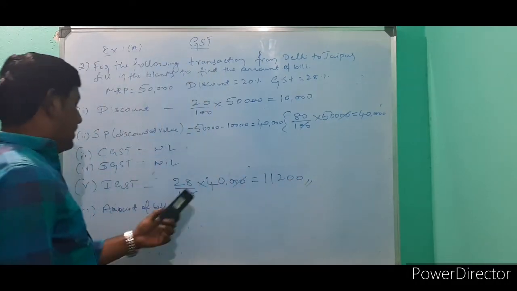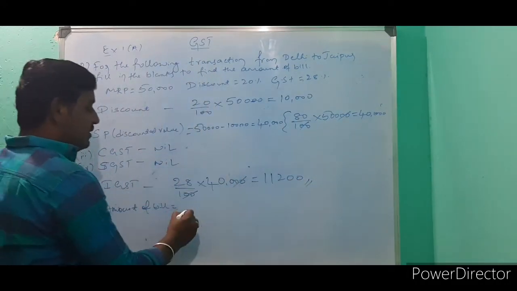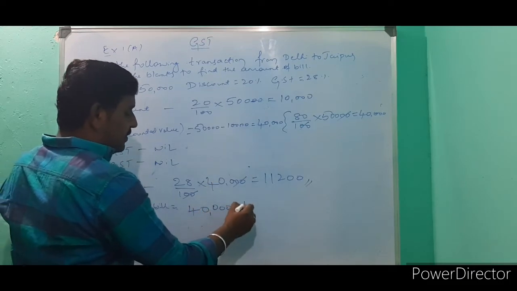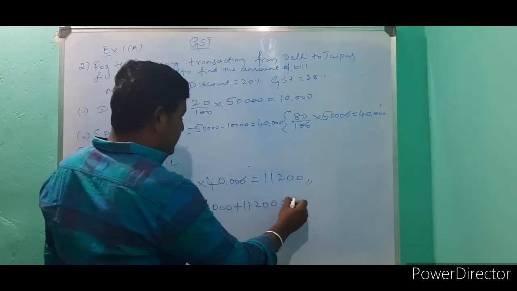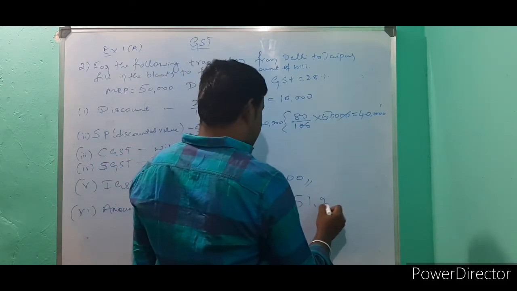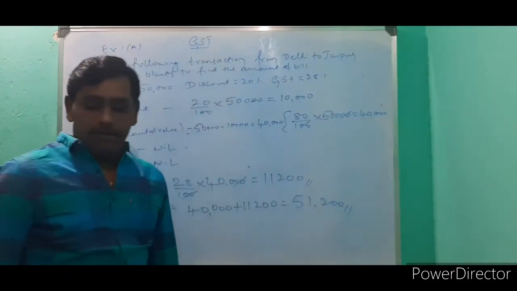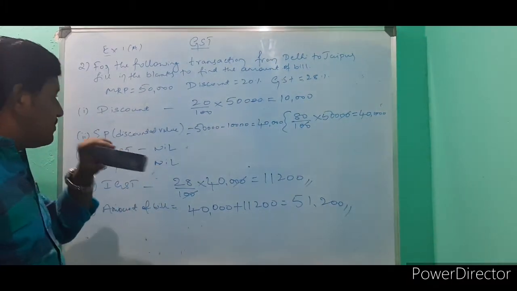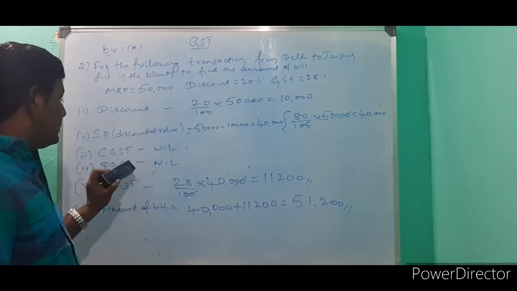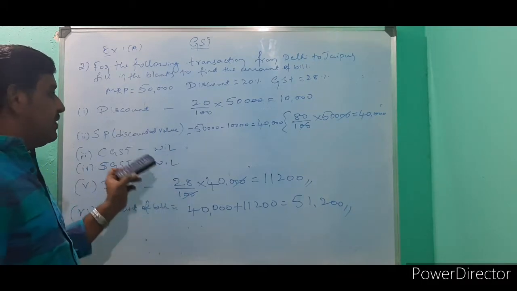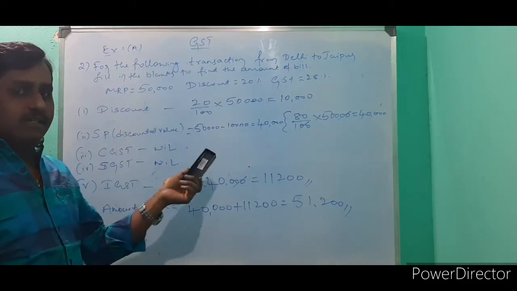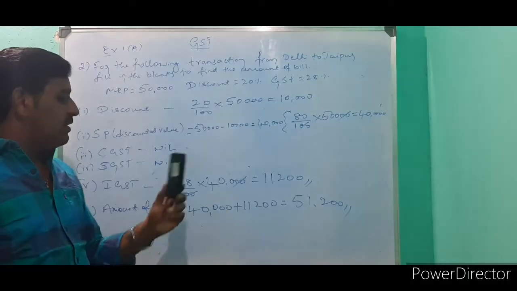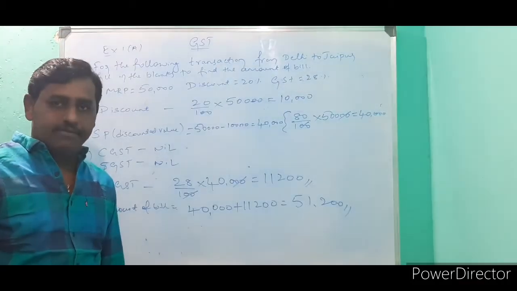Then the total amount of bill is the selling price 40,000 plus 11,200 is equal to 51,200. 51,200 is the final amount of bill. Here no need to divide GST into CGST and SGST because it is an interstate transaction. Interstate means you have to find integrated GST and find the total amount of bill at the final.